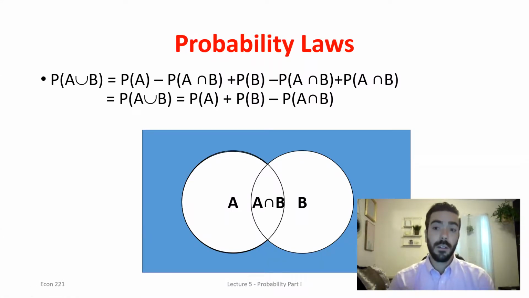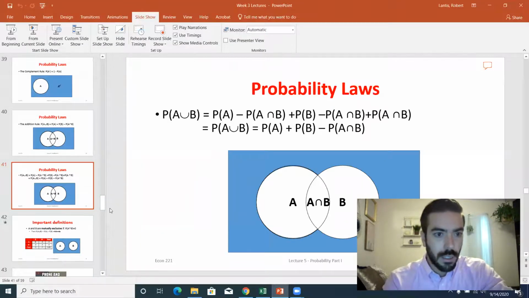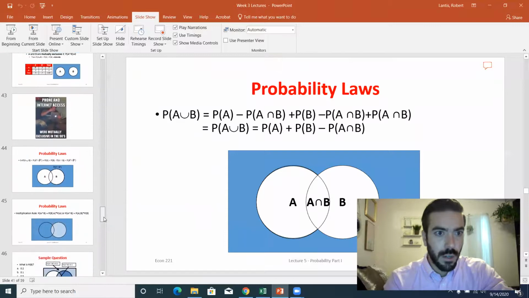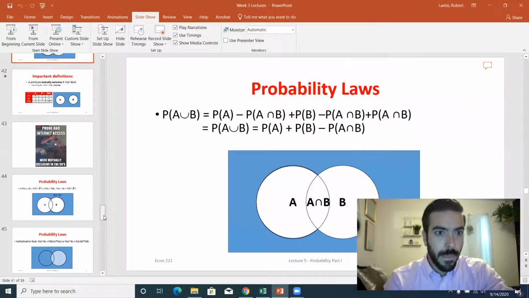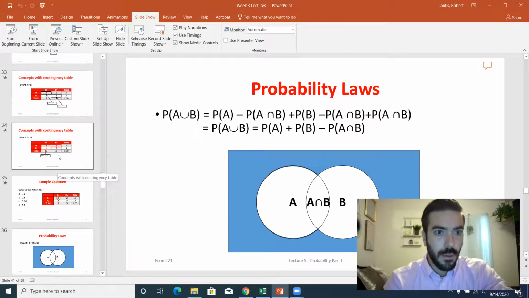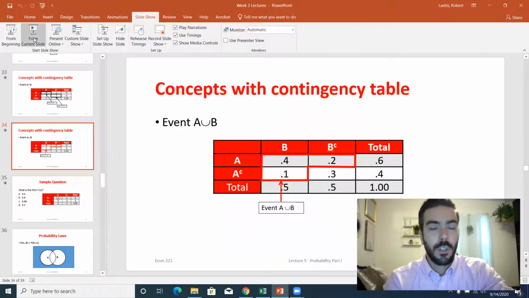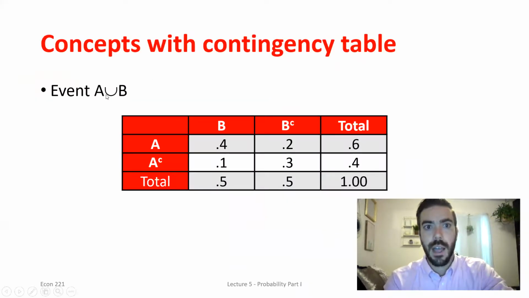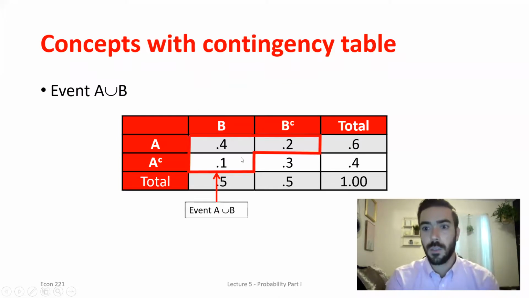So this is where, if we go back to a contingency table, let me see where I have it in these slides. I kind of jumped to mutually exclusive. Yeah, I want to go back all the way up here, okay? So if we go back to that slide where we had A union B, and I showed you that you can find it this way, well, there's another way to find it.